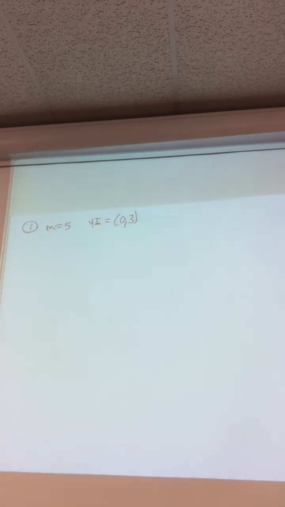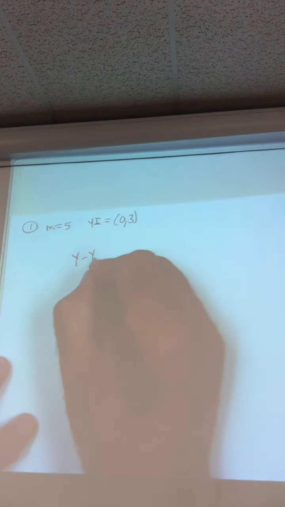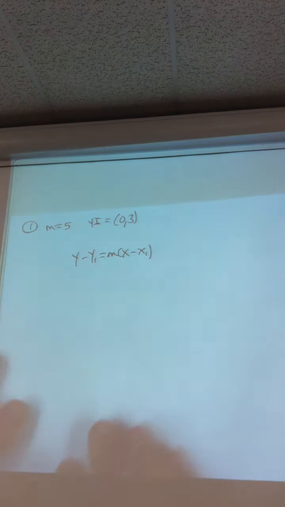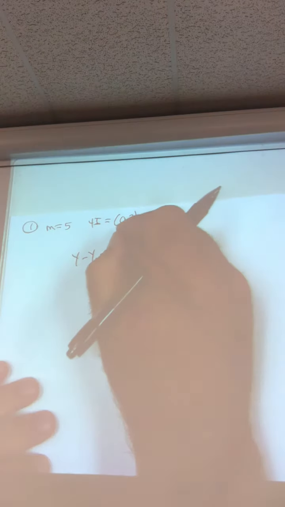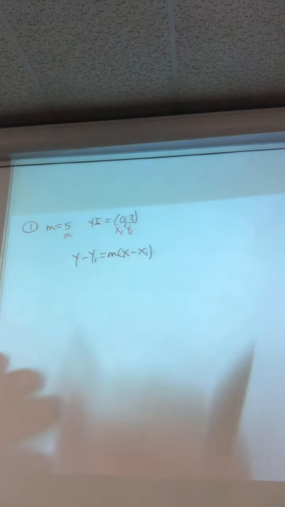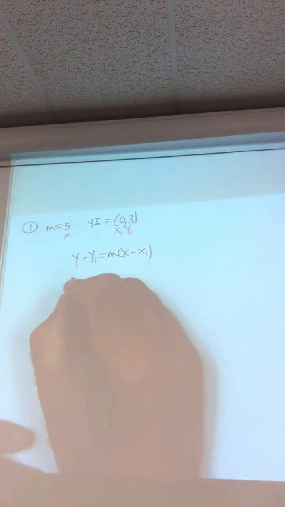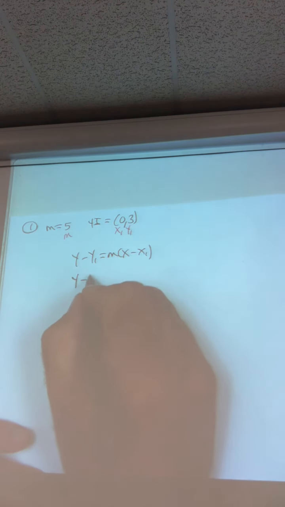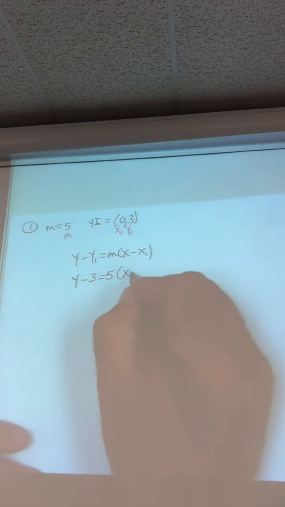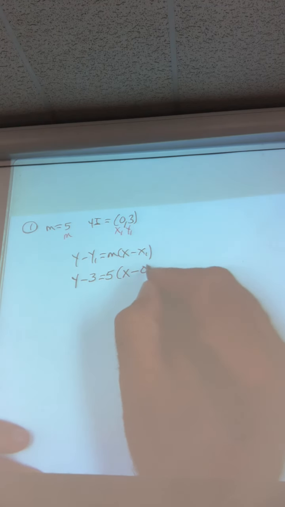Now, I'm not going to use y equals mx plus b. I just want to show you that this formula right here was still working. So what I'm going to do is call this x1, y1. Of course, there's my m. So I'm going to have y minus y1, which is 3, equals m, which is 5, times x minus x1, which is 0.